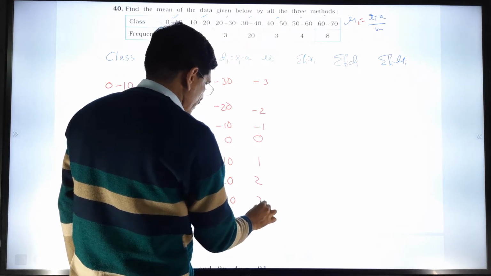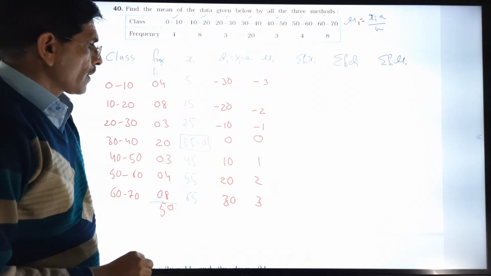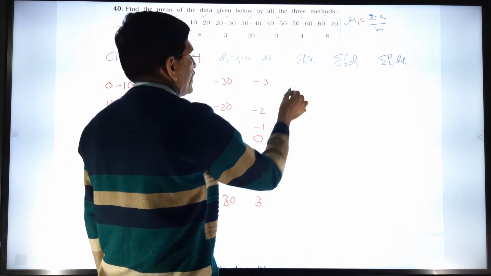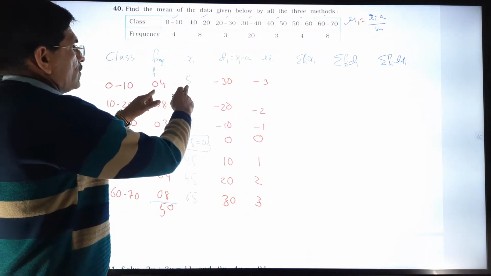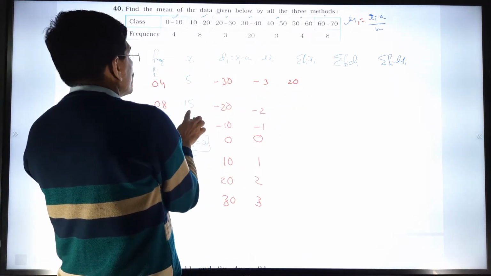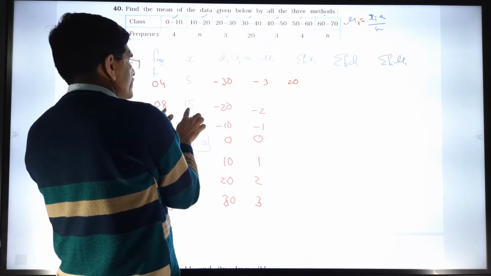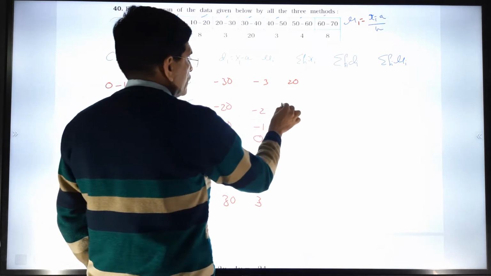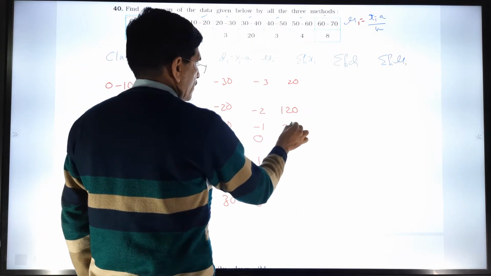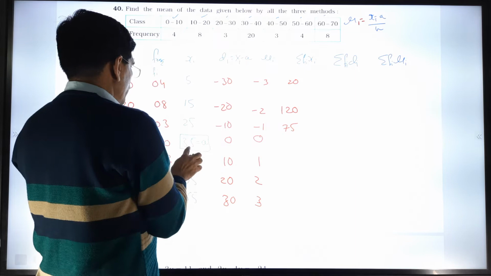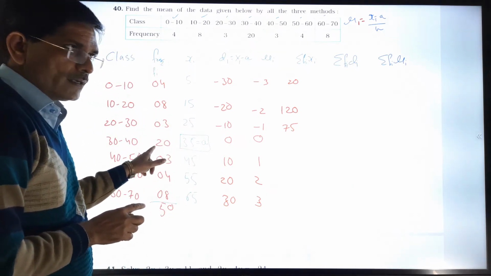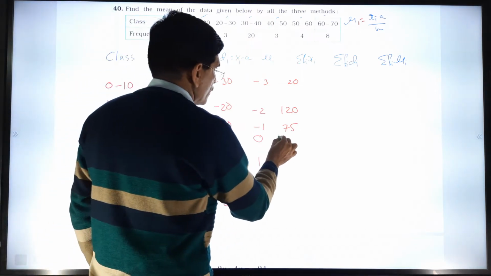Now if we write sigma fi xi, I have to multiply. 5 4s are 20. Again fi xi, 15 8s are 120. 25 3s are 75. Again 25 3s are 75. 35 2s are 70 plus 0, so 700.